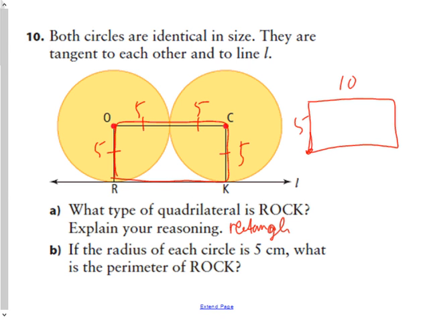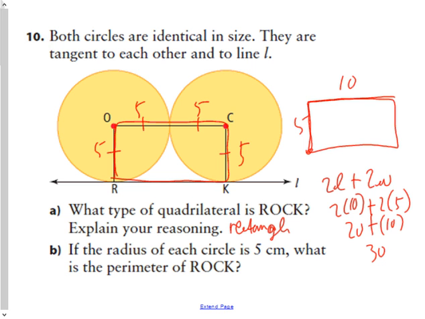Now, if you want to use a formula, we would have 2 lengths and 2 widths, or we'd have 2 10s and 2 5s to make up the perimeter, and therefore, the perimeter would be 30. 5, 10, 15, 20, 25, 30. So what's the perimeter of rock? The distance would be 30 centimeters.